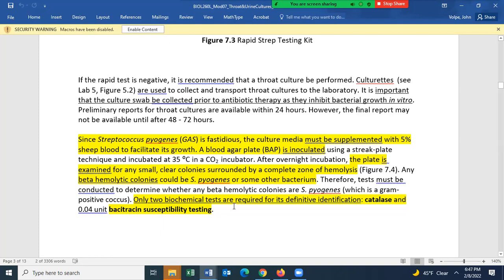And then you'd follow that with 2 biochemical tests that are definitive to isolating Streptococcus pyogenes. So a blood agar plate that has complete zone hemolysis. You then run the catalase test, and then the bacitracin susceptibility test.